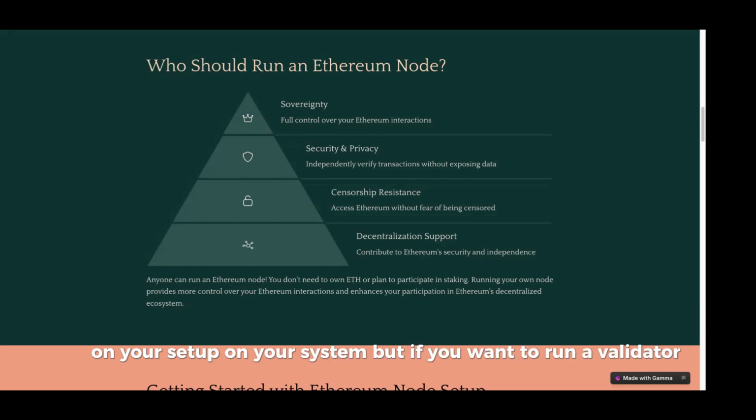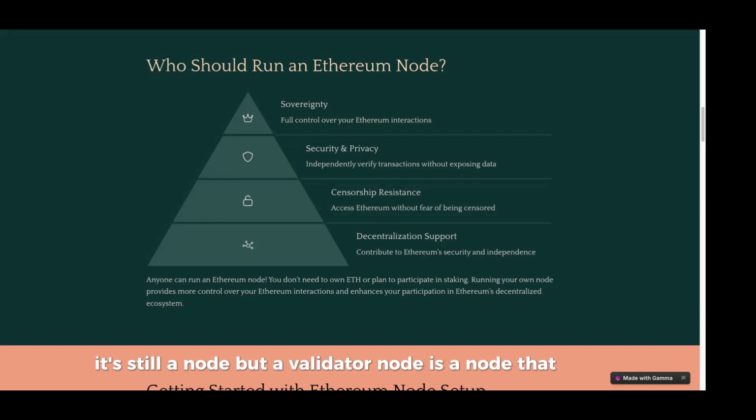But if you want to run a validator node, it's still a node, but you're now staking something, so you have the privilege to participate in block validation or proposal. It means your setup now has the power to say, okay, I want to propose a particular block, and I want that block to be added to the blockchain.